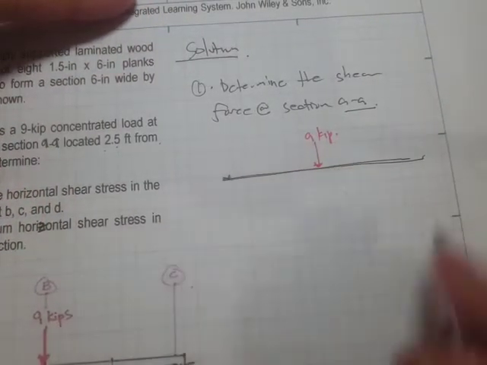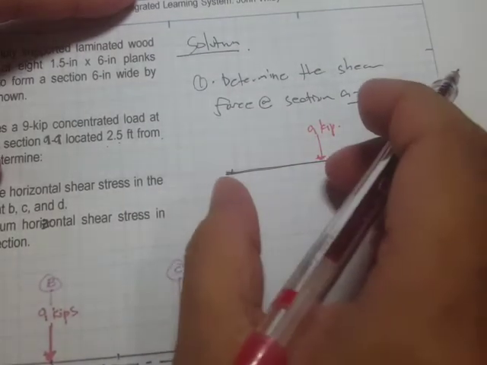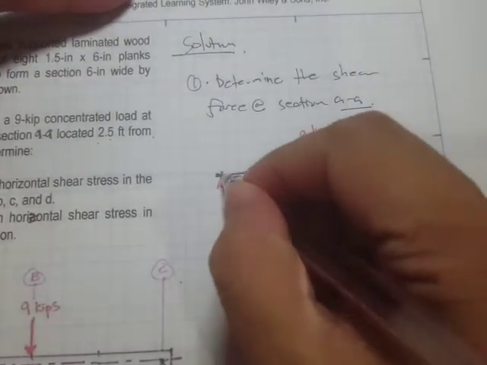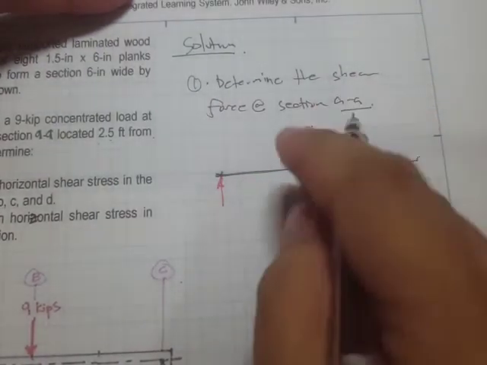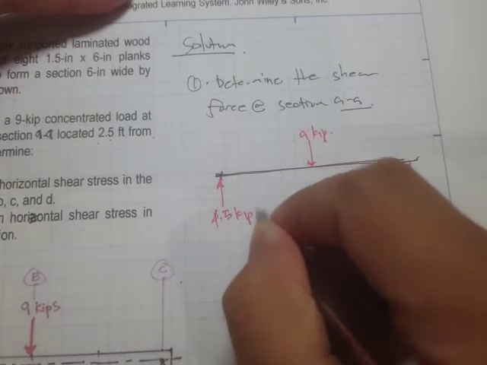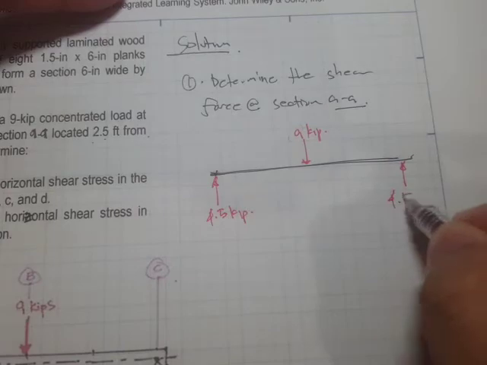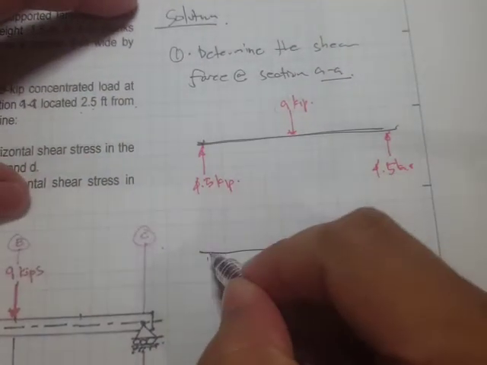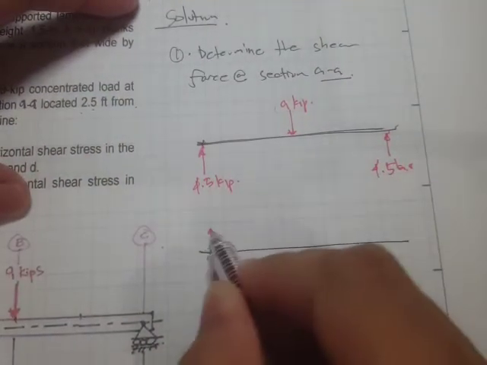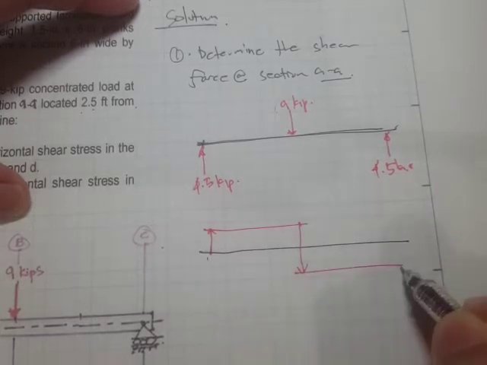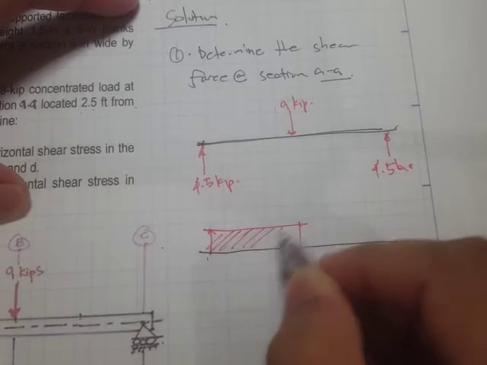Midspan means half from this end and another half from this end, so the load is distributed equally. So we'll get 4.5 kips right here at the support, and right here is also 4.5 kips. So if we draw the shear diagram, we have a concentrated load. It goes up, and at the midspan, it goes down 9 kip, and it's going to be like this.